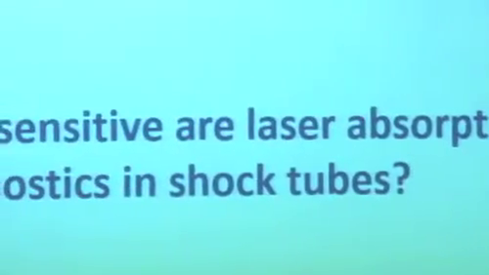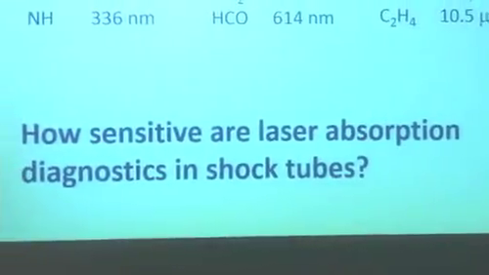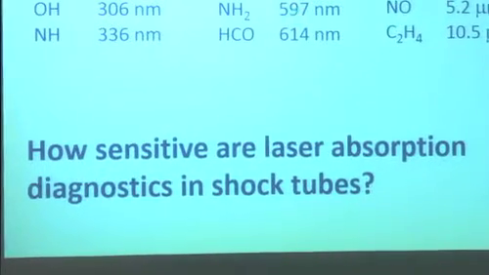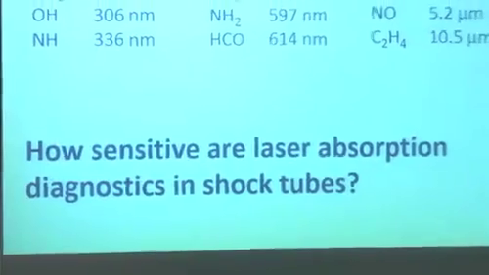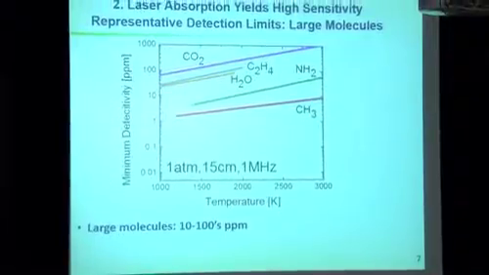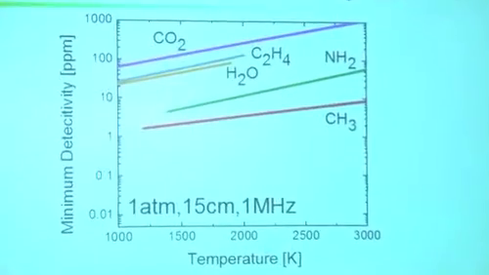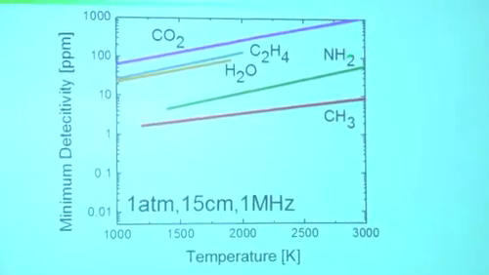So you might ask, how sensitive are these techniques? We do some work to figure out what wavelength we should use to measure, for example, NH2, 597. Here are some plots showing, for fairly big molecules like methyl, NH2, and so on, the detection limit in ppm, meaning a signal-to-noise ratio of 1.